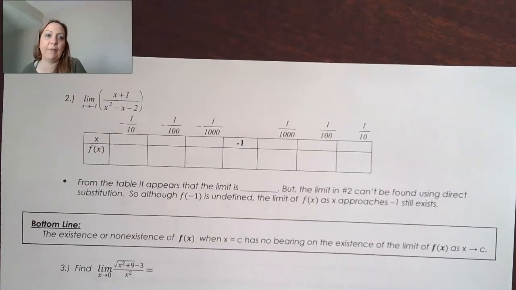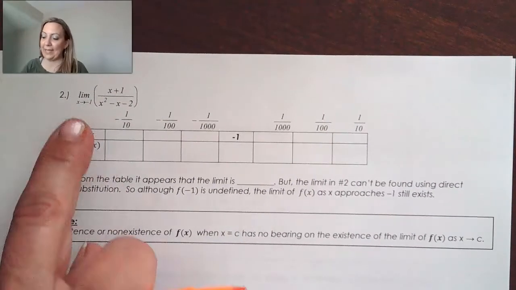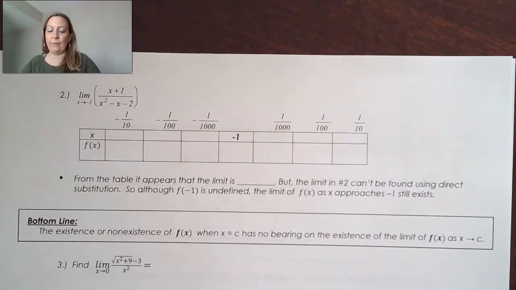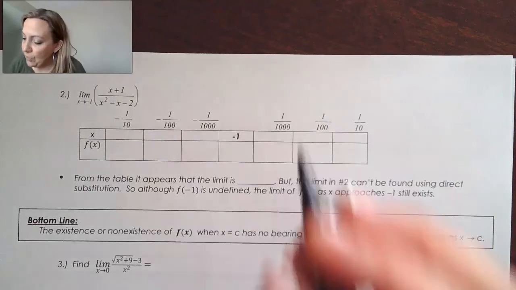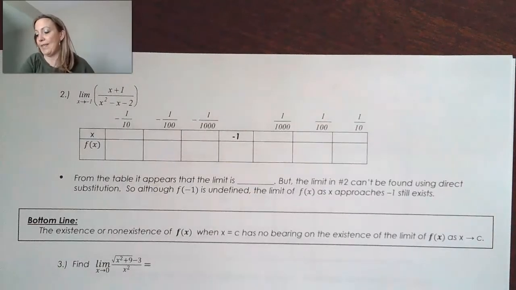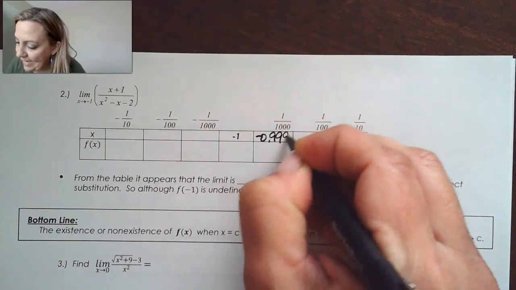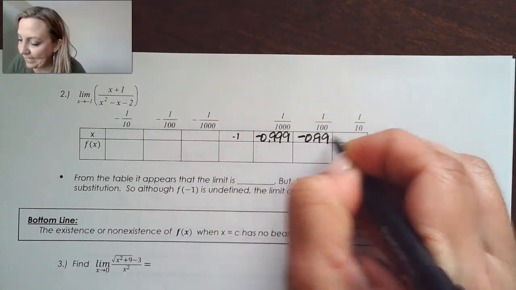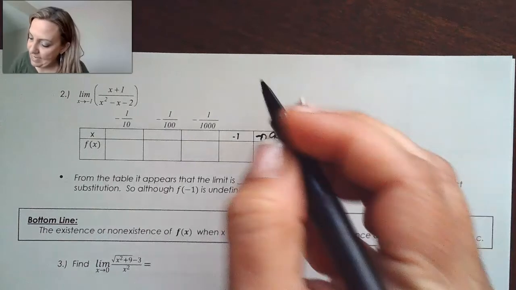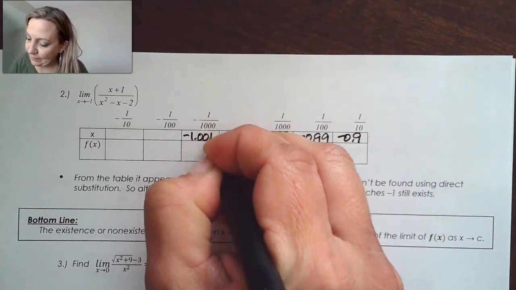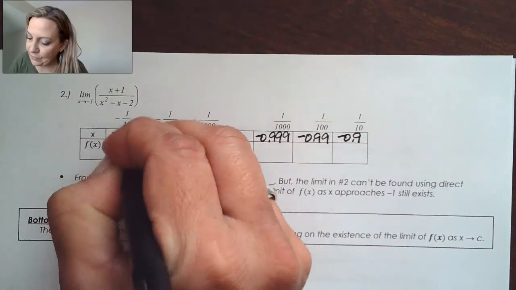Okay. Look at another example, number 2. Here we have the limit as x goes to negative 1, and we have the same expression that we're dealing with. So again, if we add 1 1,000th to negative 1, that would give us negative 0.999, negative 0.99, negative 0.9, and then subtracting it, we can obtain these values as well.